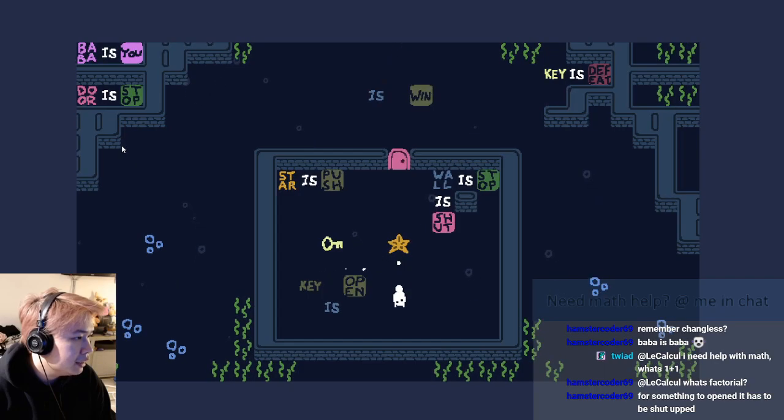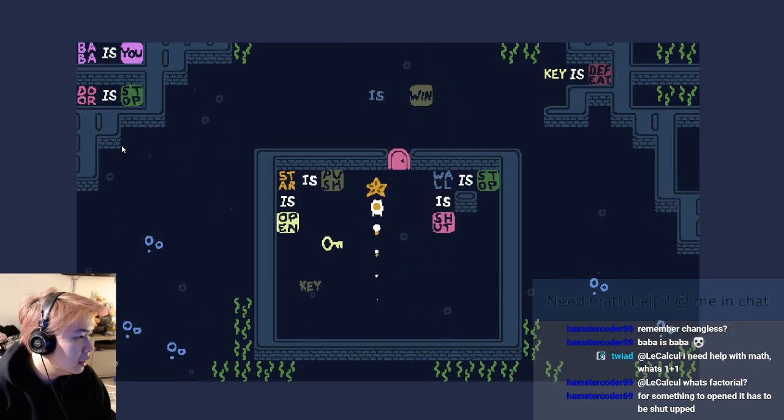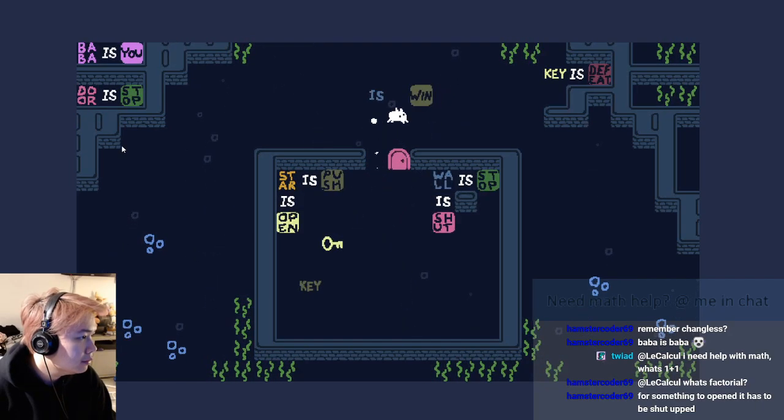But, okay, forget the key. Because what if I make the starfish open? And then since the starfish is also push, I can open this wall. And then now I just need to make a sentence and make something a win. So first, I should probably make the key a win.